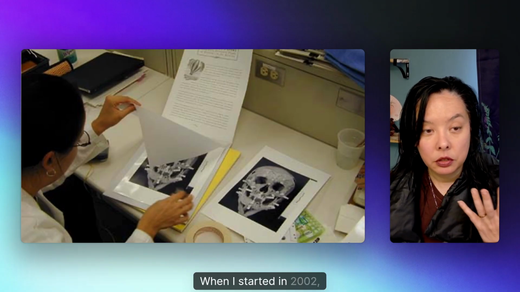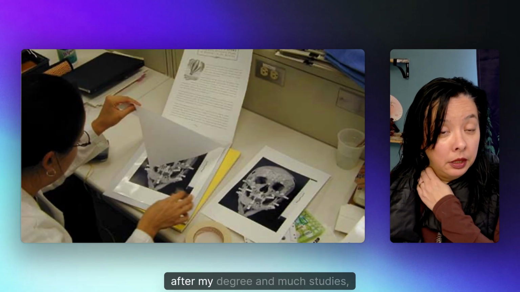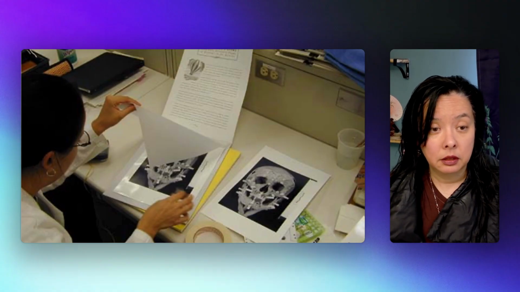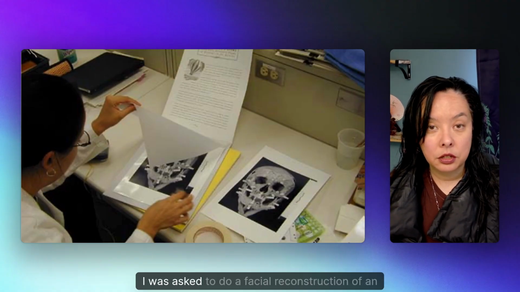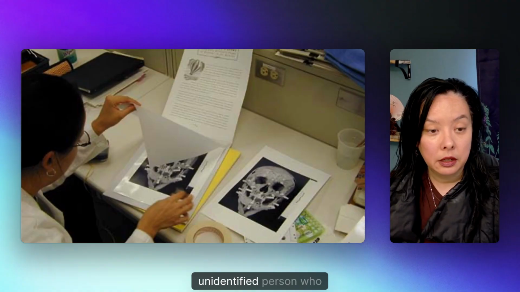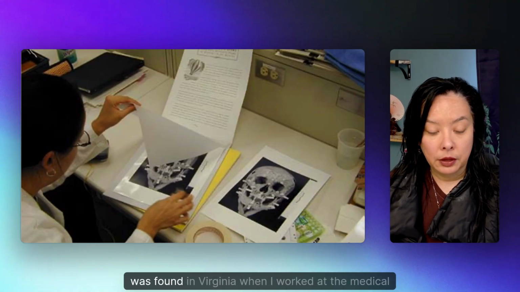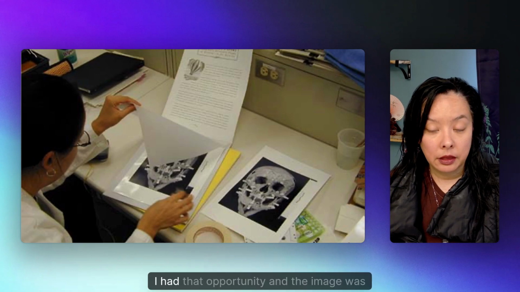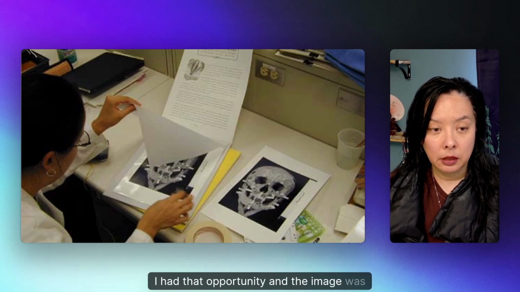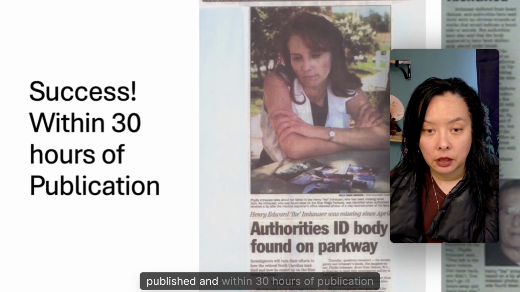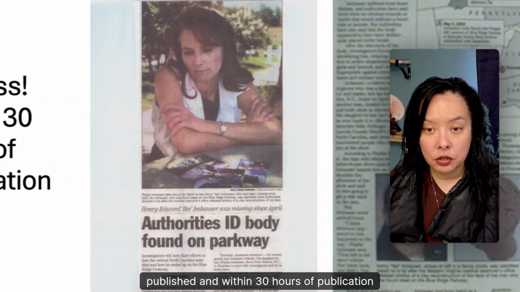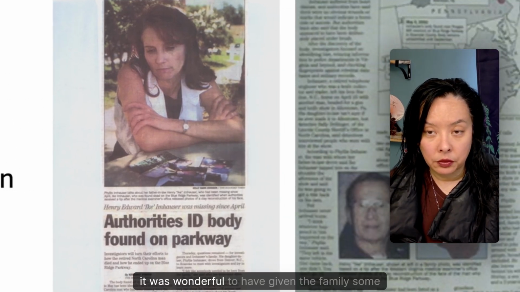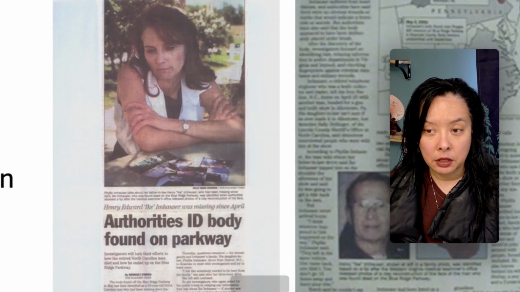When I started in 2002, after my degree and much studies, I was asked to do a facial reconstruction of an unidentified person who was found in Virginia when I worked at the medical examiner's office, and I had that opportunity. The image was published, and within 30 hours of publication, it was wonderful to have given the family some answers.